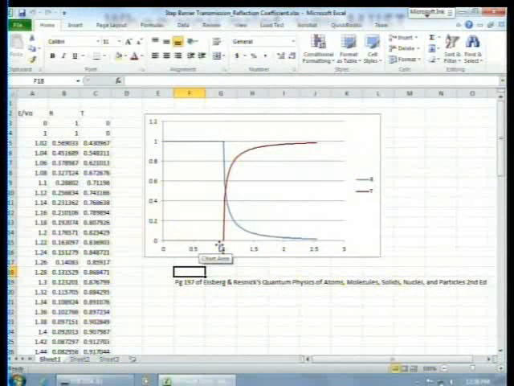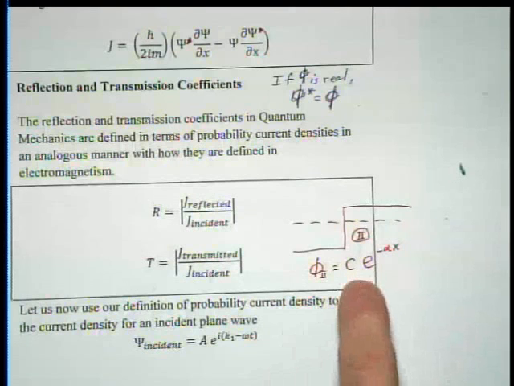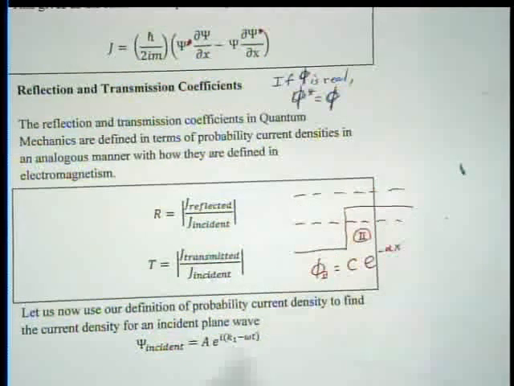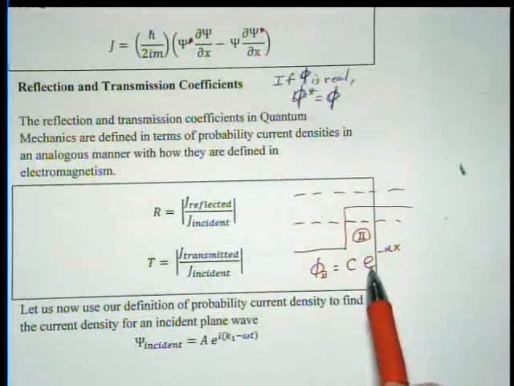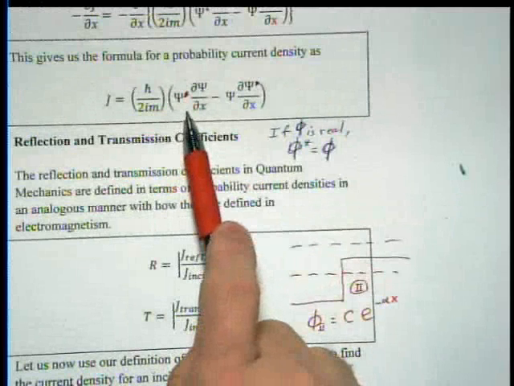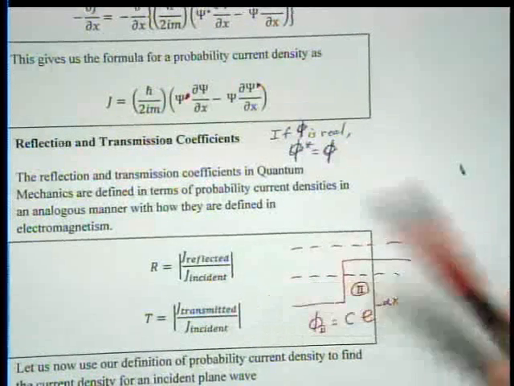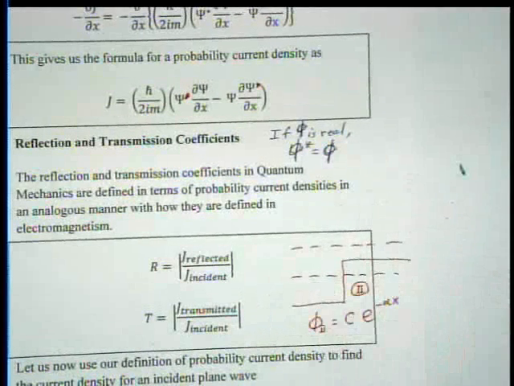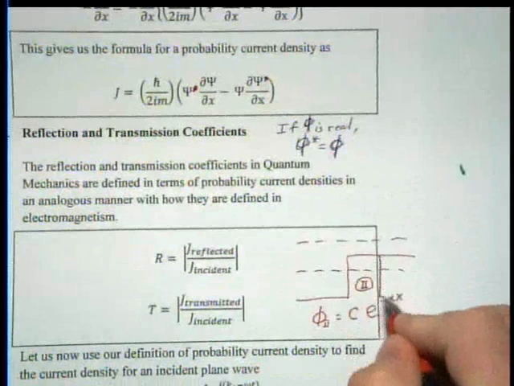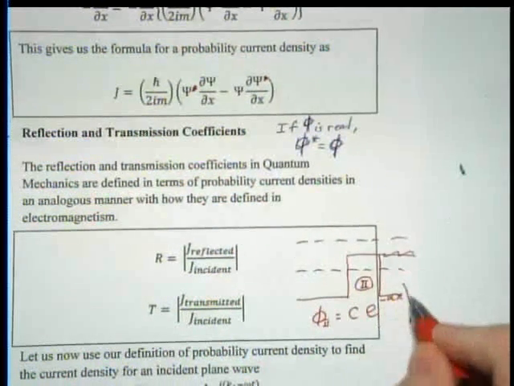Until this thing quits being a real function, which will not occur until this thing gets up here, you're never going to get transmission. Because you got a real function, and that means you got 0 current density, or 0 probability density. So as long as you're down here, why does this thing have to be infinite? Because if it comes back down, then this is the region of transmission.